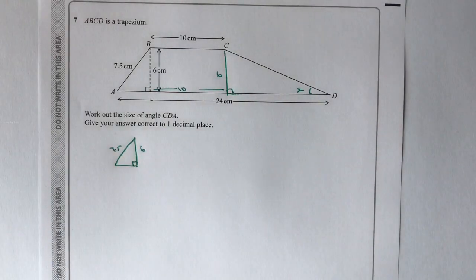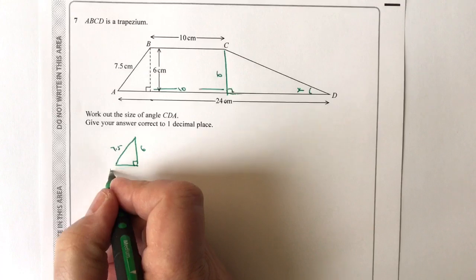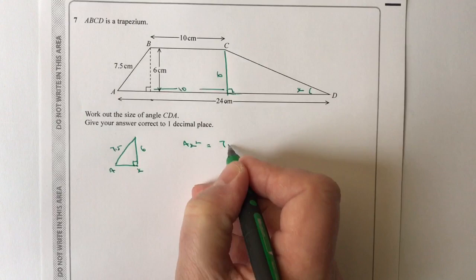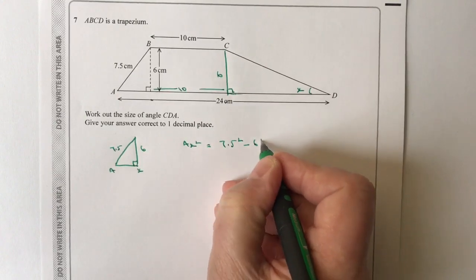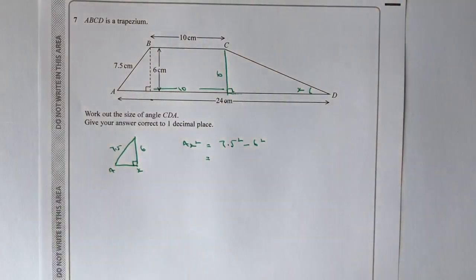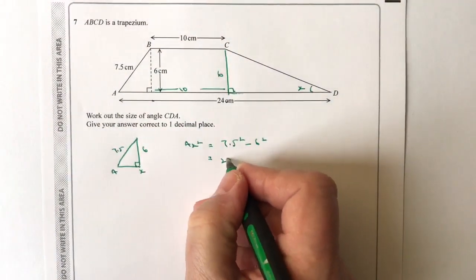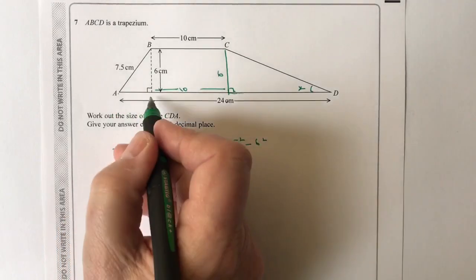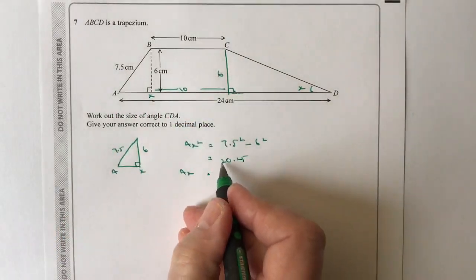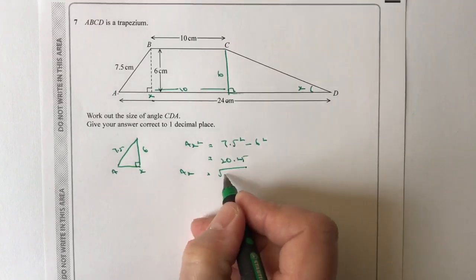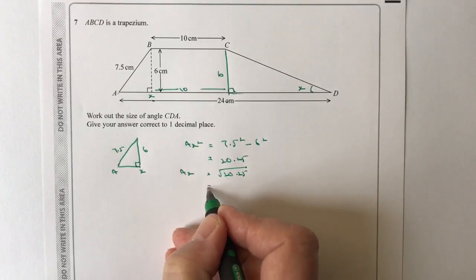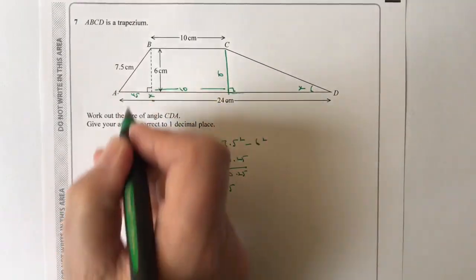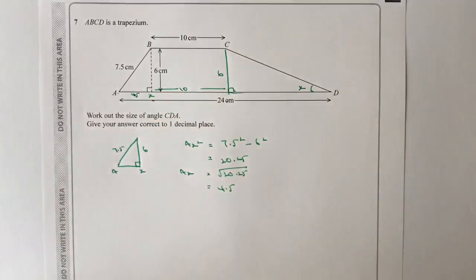So if this is ax, I've got ax squared equals 7.5 squared minus 6 squared. If I pop that into my calculator, I get 20.25. So the value of ax is the square root of 20.25, which gives me 4.5. So now I know that this length along here is 4.5.